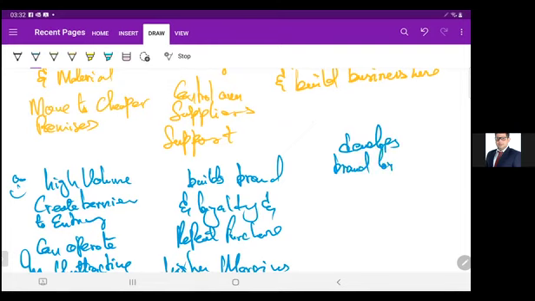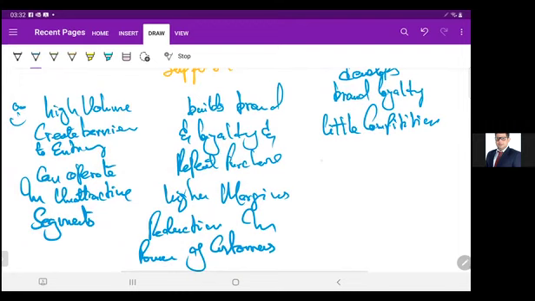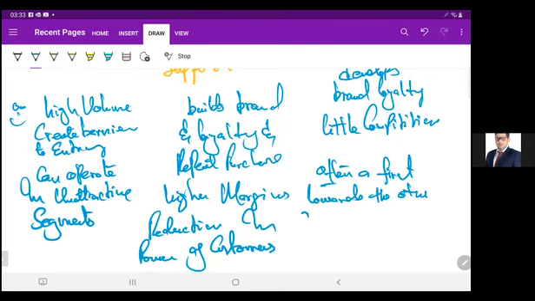It has little competition and it is a first step towards the other generic strategies. Right? So far, so good.